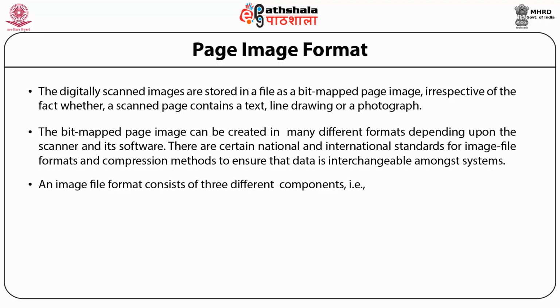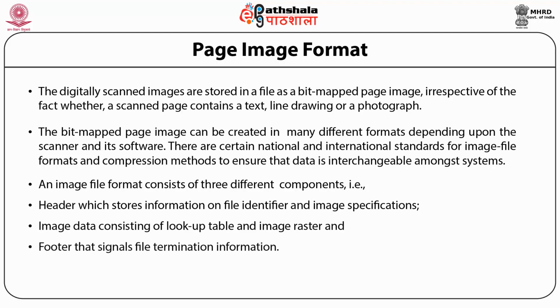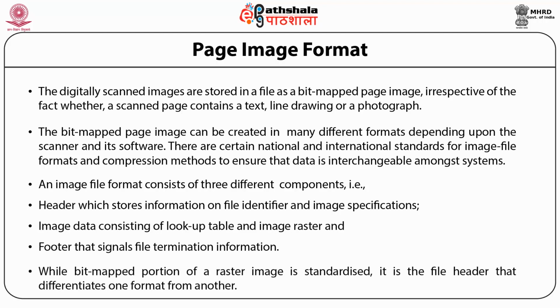An image file format consists of three components: a header, which stores the file identifier and image specification; then image data, consisting of a lookup table and image raster; and a footer that signals file termination information. While the bitmapped portion of a raster image is standardized, it is the file header that differentiates one format from another.